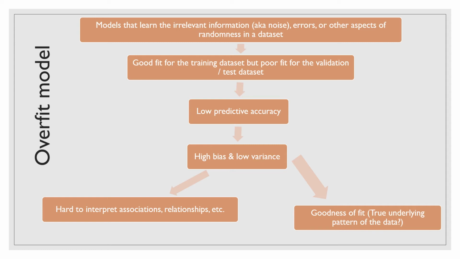And because of that, we cannot be too sure whether these associations or relationships actually exist in the true unknown population. And because of this high bias and low variance, we are uncertain about the goodness of fit, because we are not sure which is the true underlying pattern of the data.